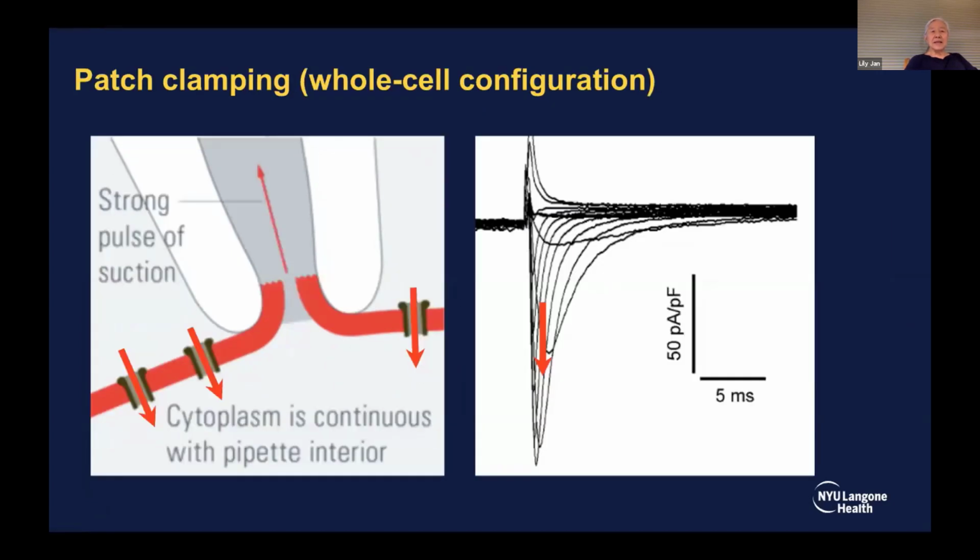And this is an example of whole cell recording. The current here is the sum of all the currents through different channels on the cell membrane, recorded in voltage clamp mode.